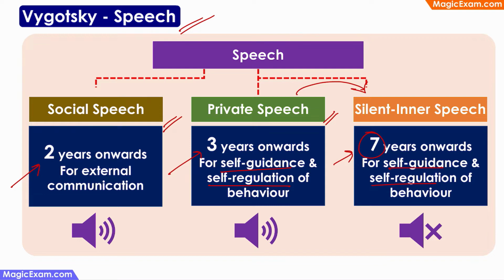But the only difference is now the private speech has gone inside the person's brain and it has become silent. So silent inner speech can continue for the duration of the person's life, because even today I sometimes use silent inner speech when I'm giving instructions to myself, or when I'm making a checklist for myself when I'm doing something. So silent inner speech can be used for the duration of the person's life.